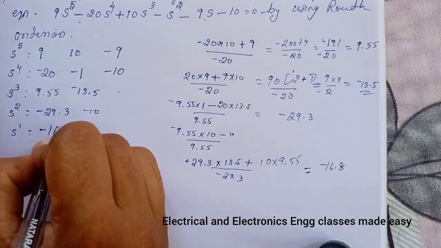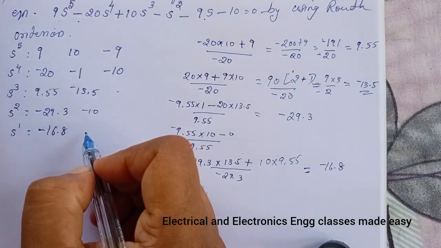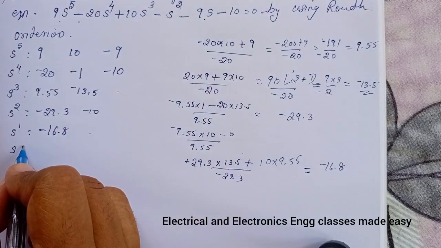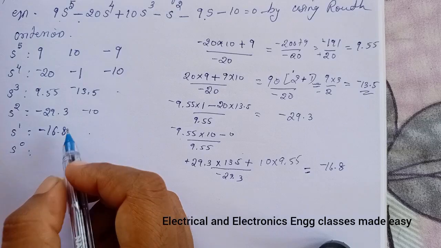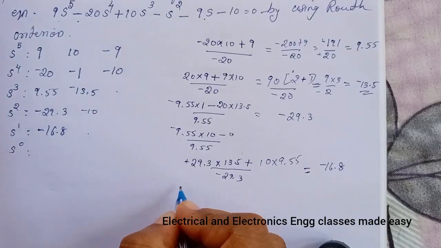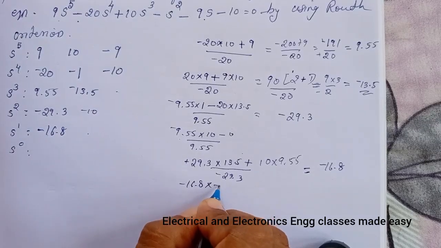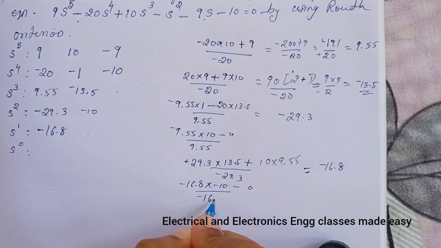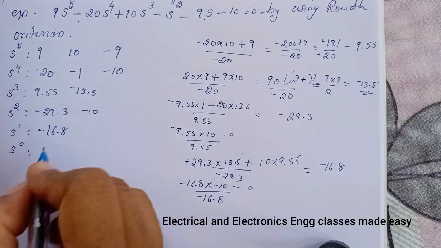So minus 16.8, and the next element is 0. Next is s raised to 0, that is minus 16.8 into minus 10 minus 0, divided by minus 16.8. So we get minus 10.